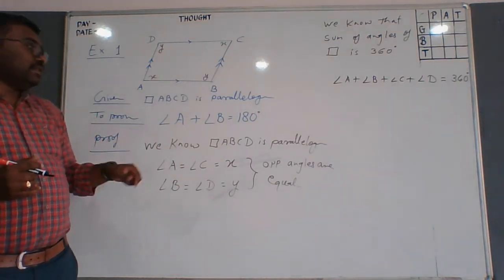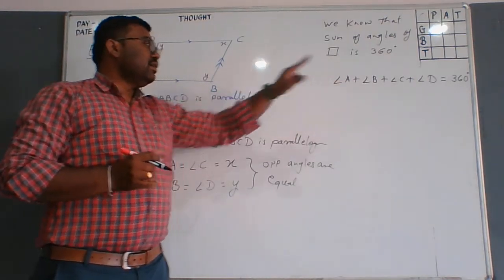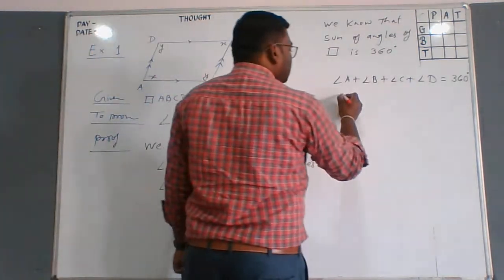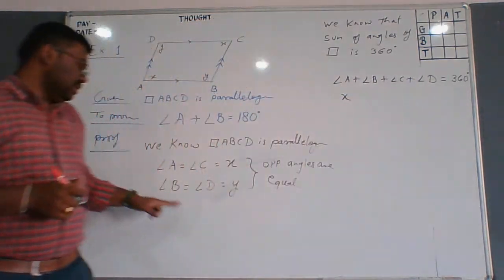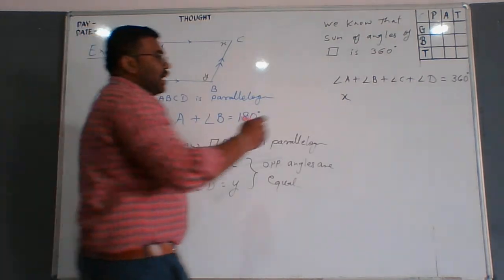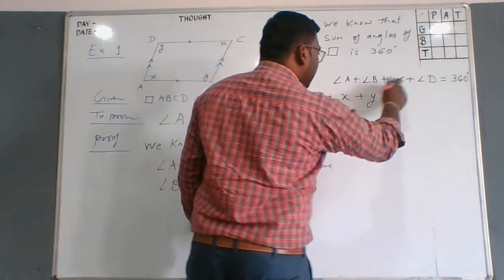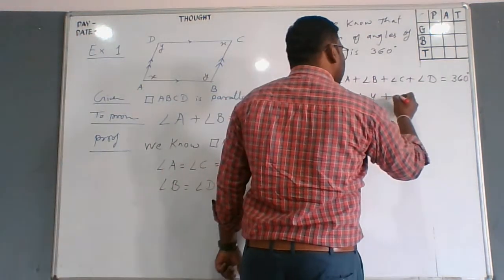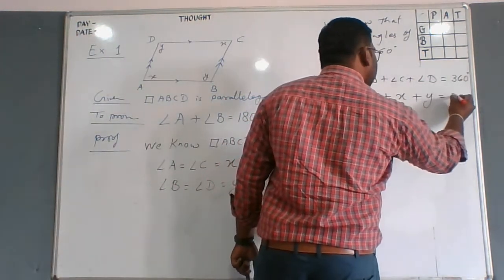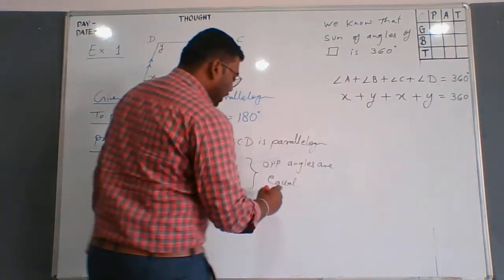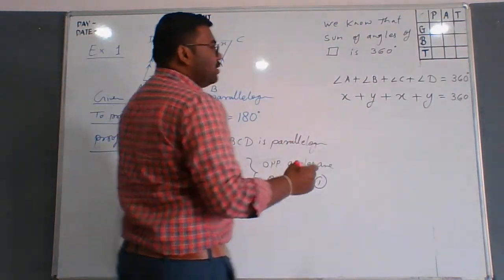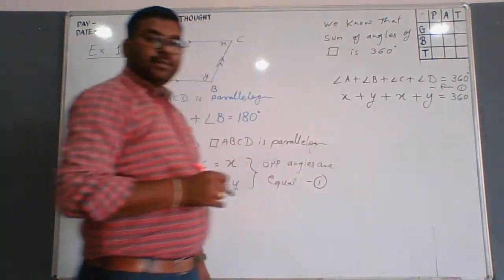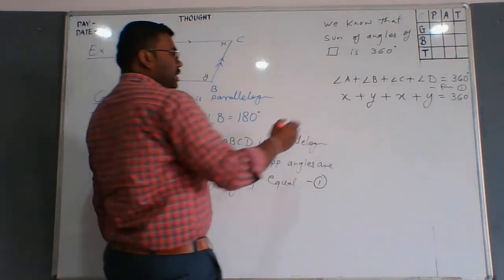Then A we have considered as X, angle B is considered as Y, similarly angle C considered as X and angle D is considered as Y. This we can write from 1. So here we can give from 1. Okay. Now see what will happen here.